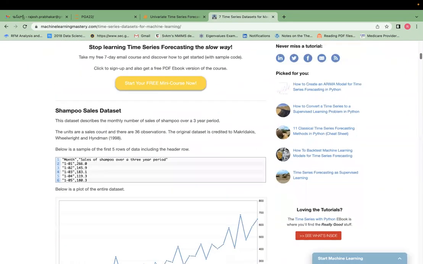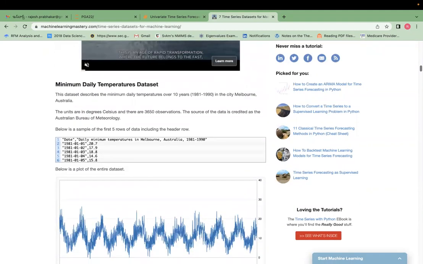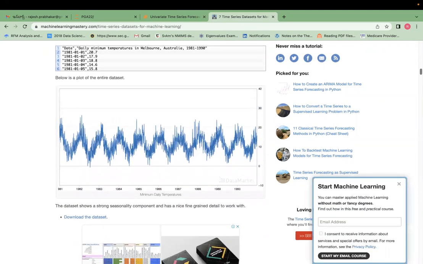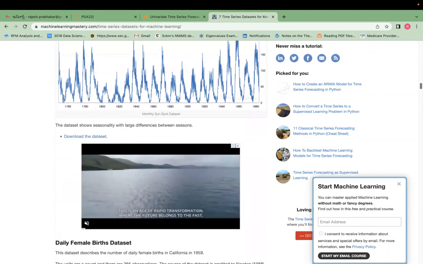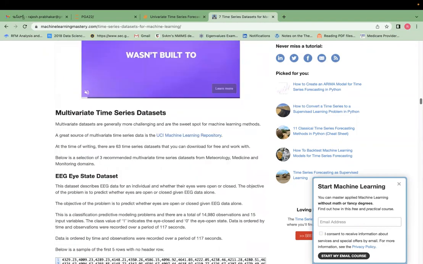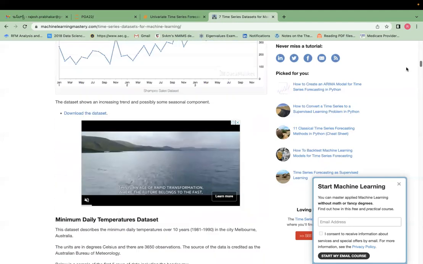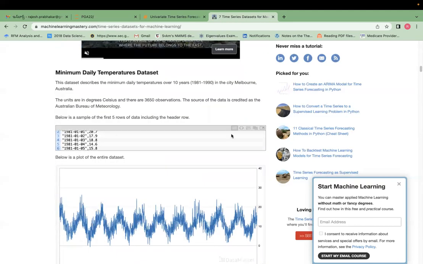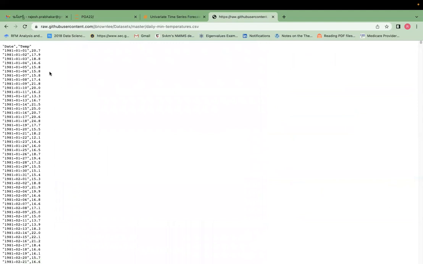Univariate time series, shampoo sales, 36 only. Daily temperatures, 3650. You can also use the daily temperature data set.